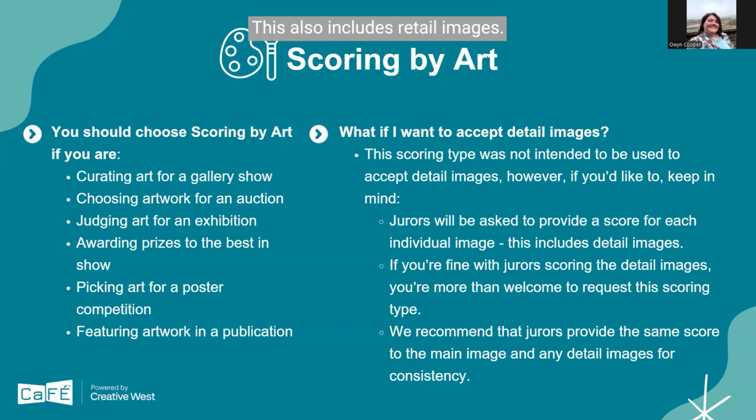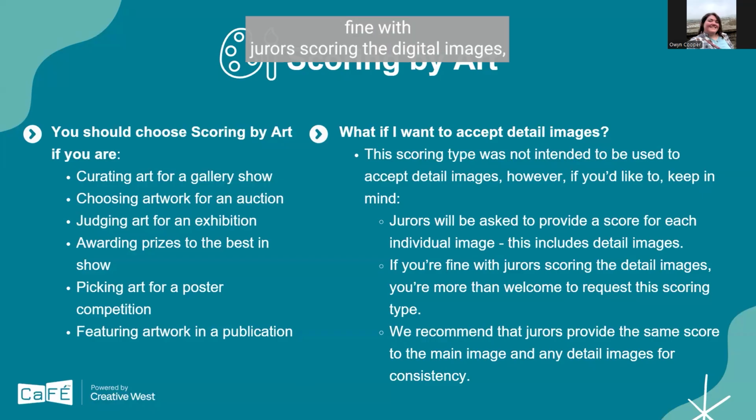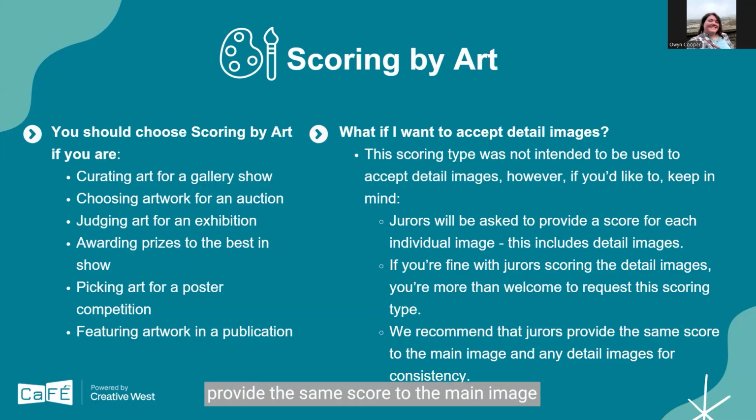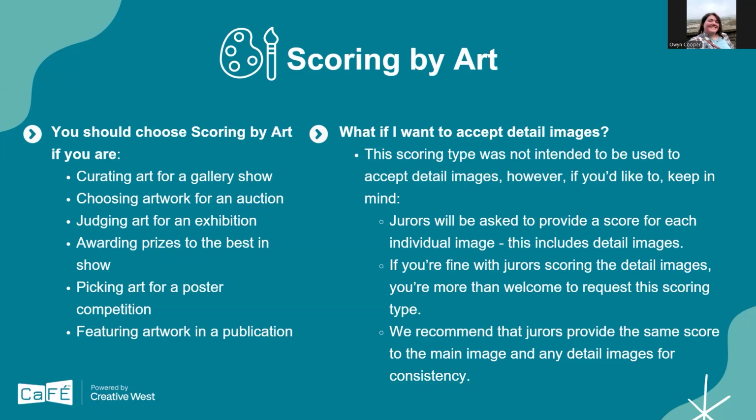This also includes detail images. If you're fine with jurors scoring the detail images, you're more than welcome to request this scoring type. We do recommend that jurors provide the same score to the main image and any detail images for consistency.